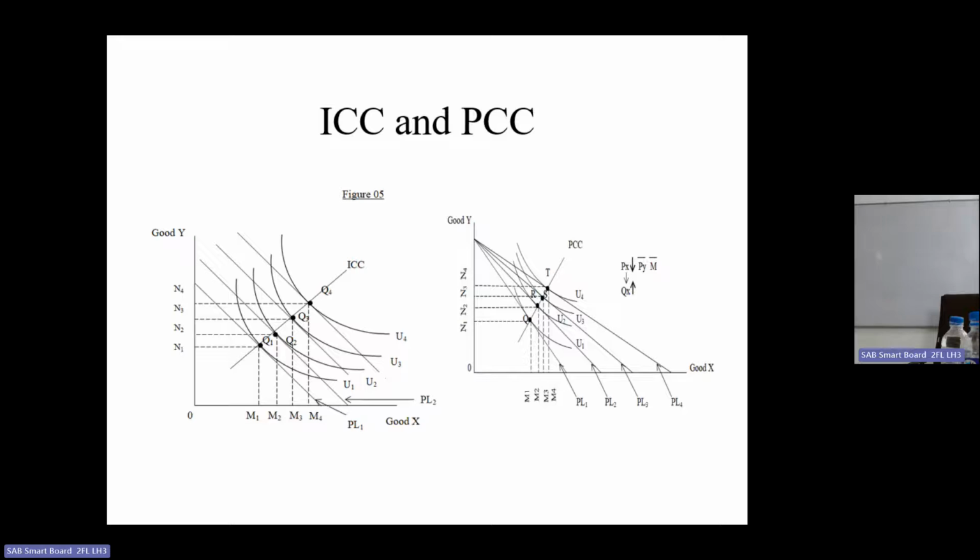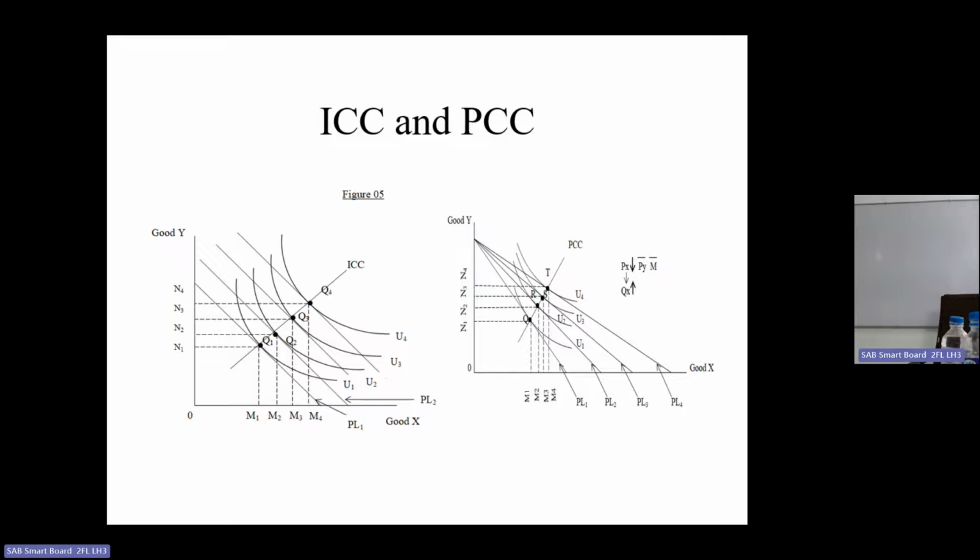So there is an opportunity to consume more of product X. Because nominal income does not change, but the price of product X falls, real income increases, right? So you can go for a higher consumption level of the product. So with the decline of the price of product X, the budget line rotates from the x-axis.